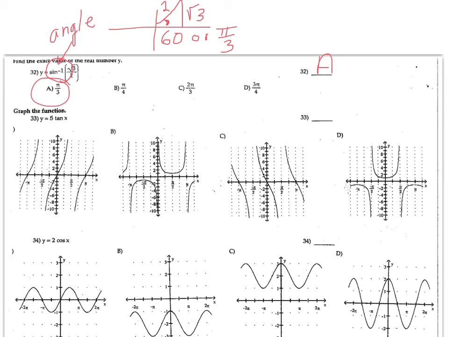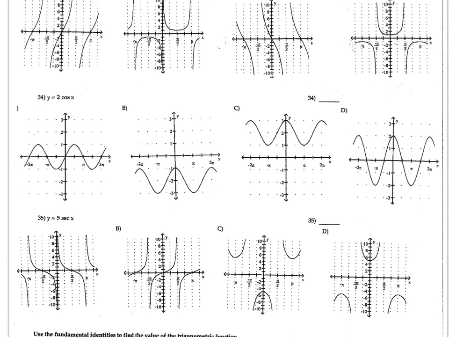Okay. For number 33, tangent. See this one, you should not miss this one, okay? Because you're able to use a calculator. So what's the answer to this one? 33 was supposed to be what? A. And if you remember the sine, cosine, and tangent, that's the one that looks like tangent.